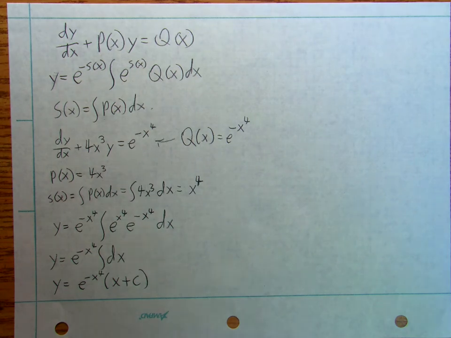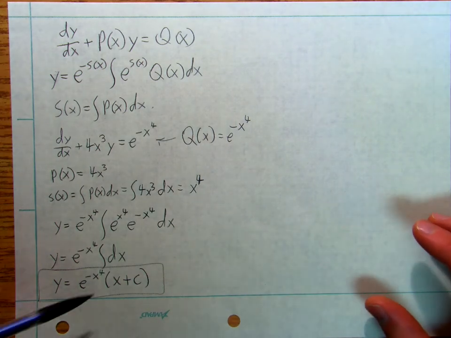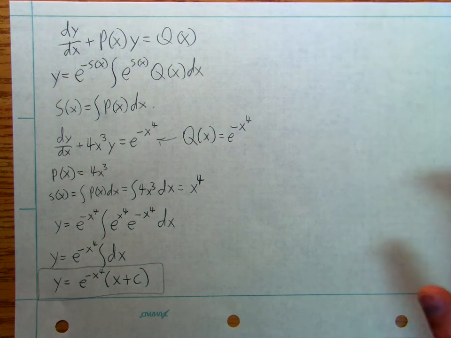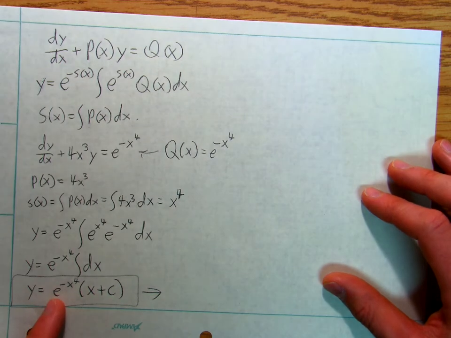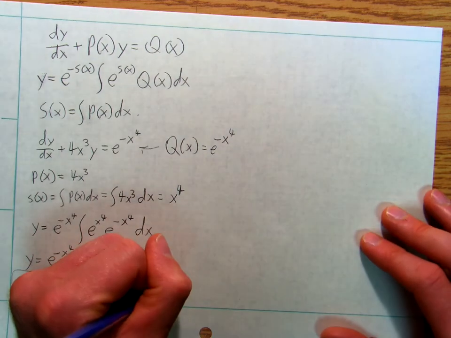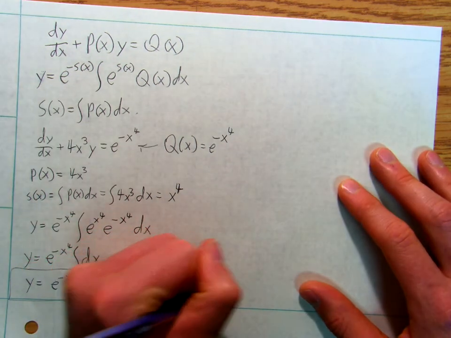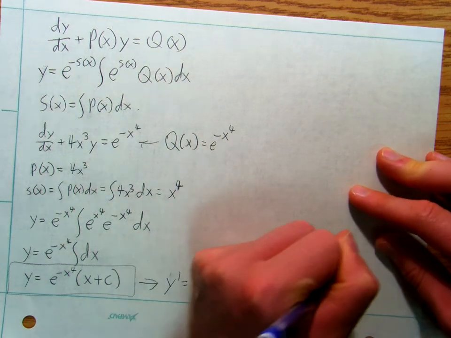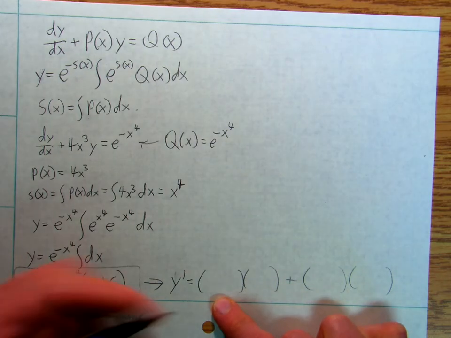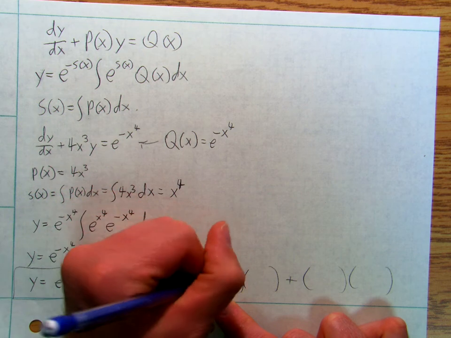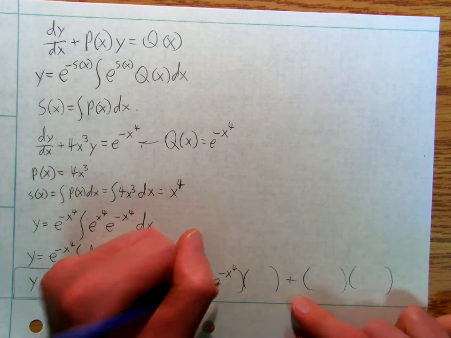Okay, so then if you really want to, you can show that if I take the derivative of this, well, let's just do it. So that's my y. Well, the y prime of that is going to be, that's a product rule. So here's my product rule. And so I've got, I'm going to put this there. I should probably actually put a C out in front of that as well, but I'm not going to.